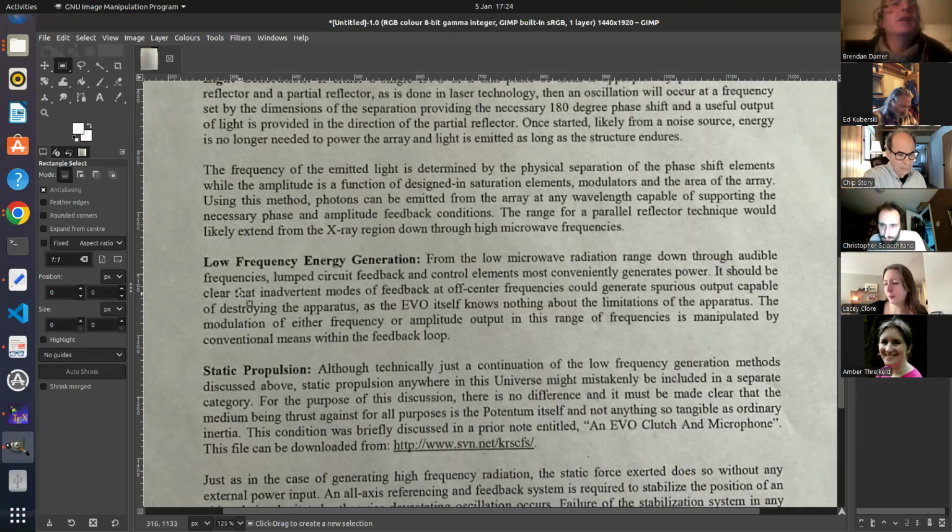It should be clear that inadvertent modes of feedback at off-center frequencies could generate spurious output capable of destroying the apparatus, as EVO itself knows nothing about the limitations of the apparatus. The modulation of either frequency or amplitude output in this range of frequencies is manipulated by conventional means within the feedback loop.